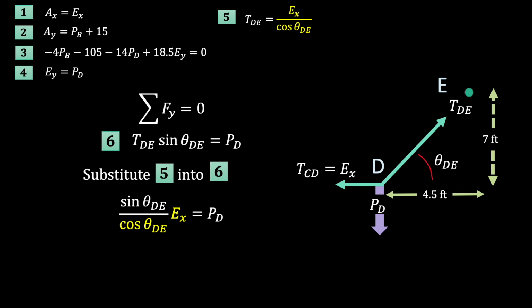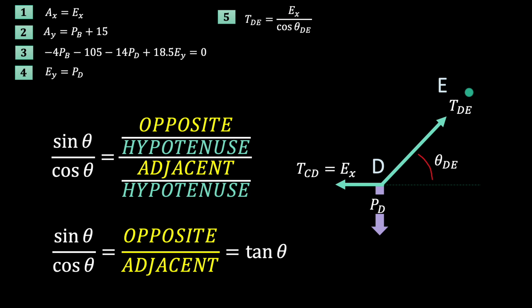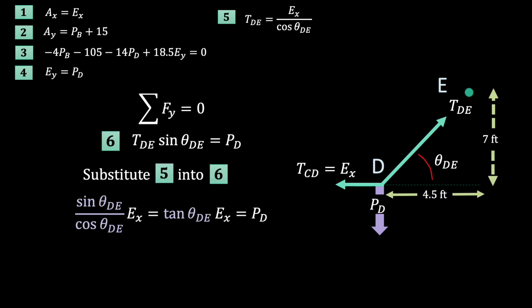Okay, we could go on to the next joint, but I want to make this look a little simpler first. Remember that sine theta over cos theta is equal to tan theta? Well, we can use this to get rid of the angles in our expression and stick in some cold, hard numbers.